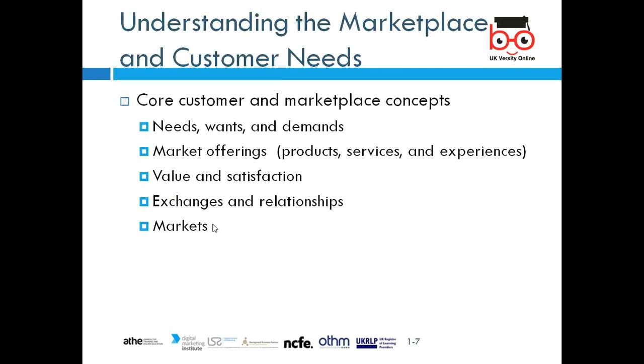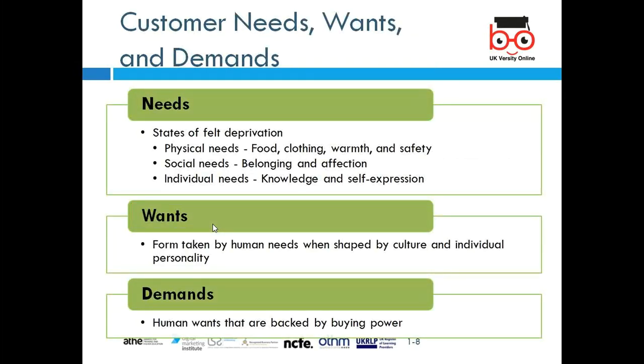Okay, so understanding customer needs and wants. Core customer marketplace concepts: needs, wants and demands, and it's quite crucial to understand value and satisfaction, exchange and developing relationships. Needs we already discussed, so just wants and demands. Wants are human needs shaped by culture and individual personality.